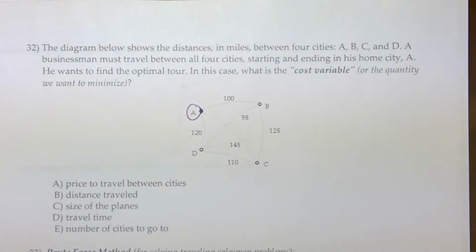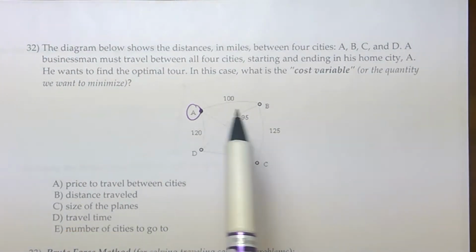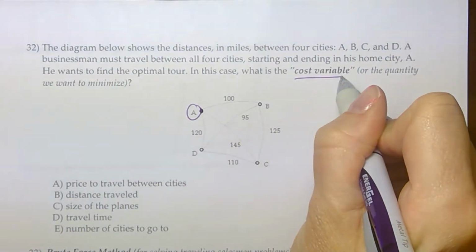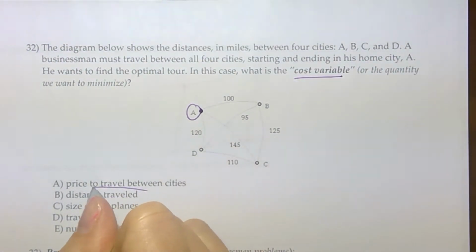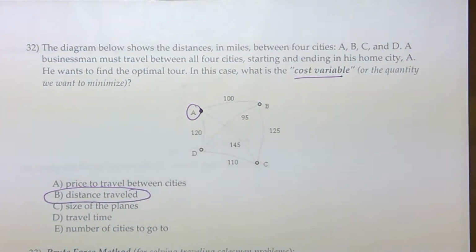If he lived somewhere else, he would start and stop somewhere else. But he lives in city A. He wants to know the optimal tour in terms of distance that will get him to all the 3 other cities and then back home. So the variable we want to minimize, our cost variable in this case, is that distance traveled. So maybe he's trying to put the least number of miles on his car.